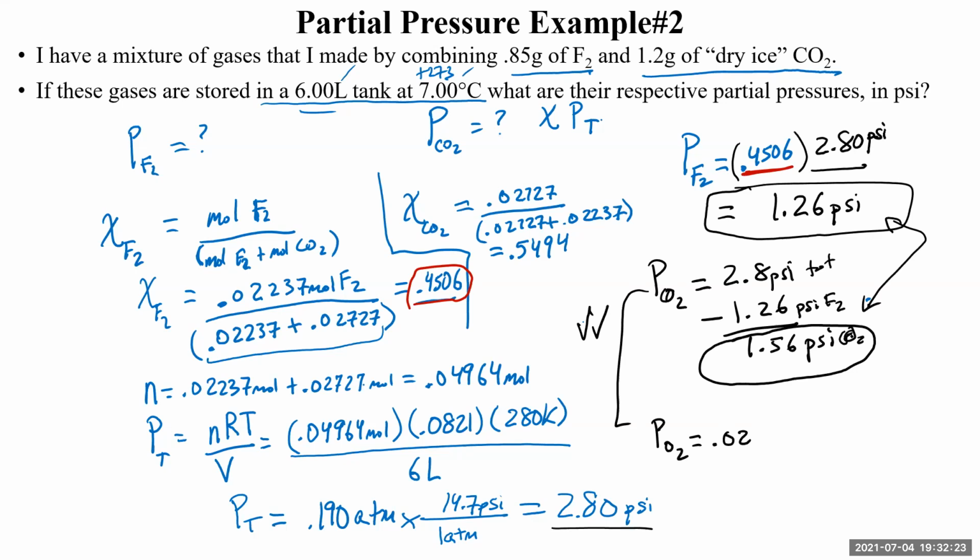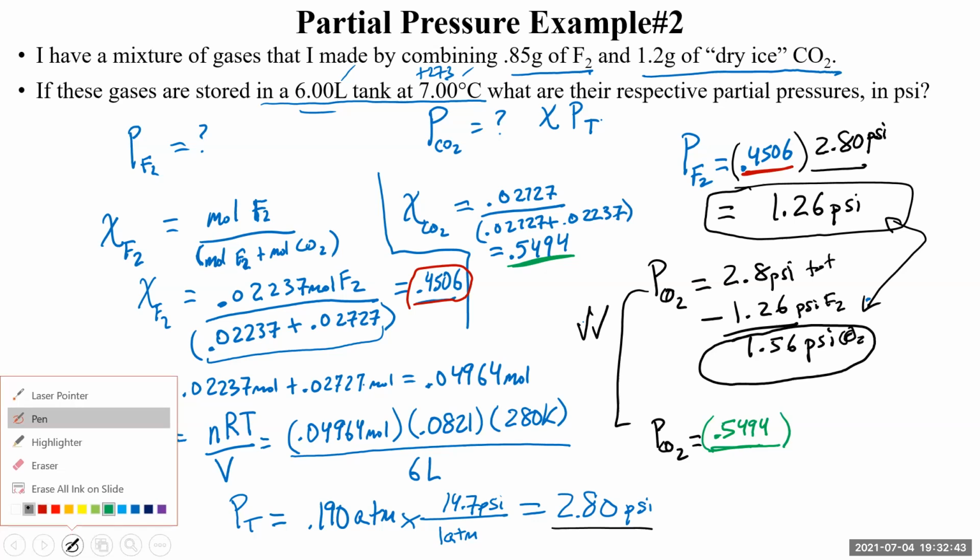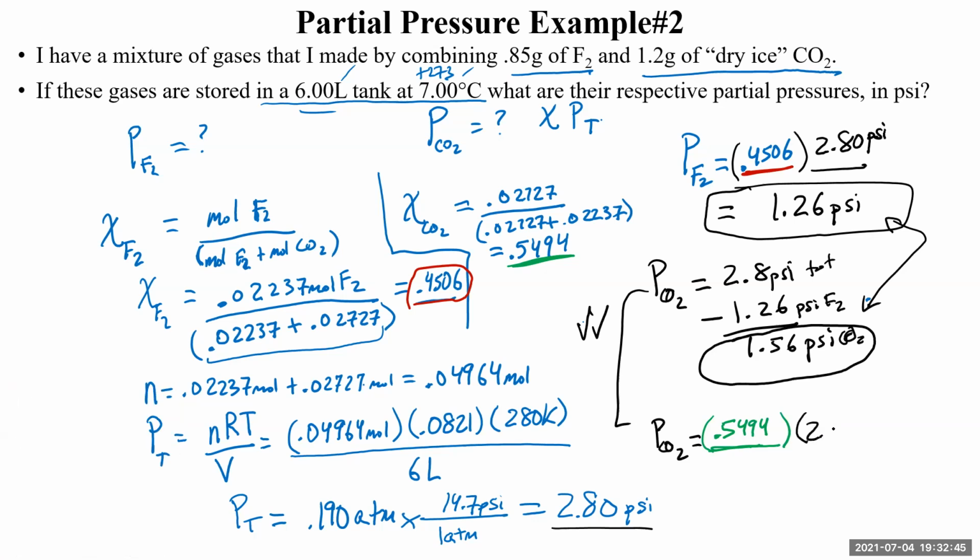We can get our CO2 by multiplying, and again, in case you're having trouble spotting all these numbers, 0.5494, that's our mole fraction, multiplied again by our total pressure of 2.8 PSI.